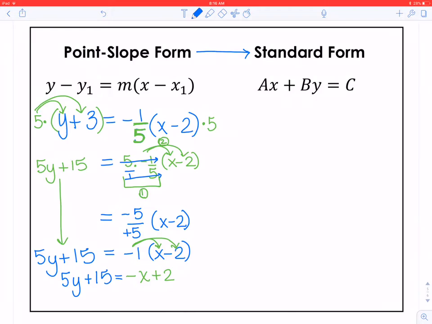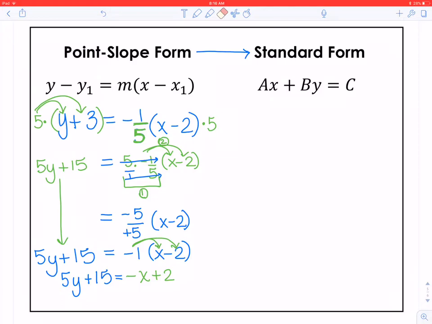I'd have to get y all by itself. So I'd have to subtract my 15, and then come back through and divide by 5, right? I could do that. That's no problem. If I wanted to go to slope-intercept form, then I wouldn't be ditching my fractions from the beginning, right? Because we'd just be undoing that again. But I want to go to standard form.